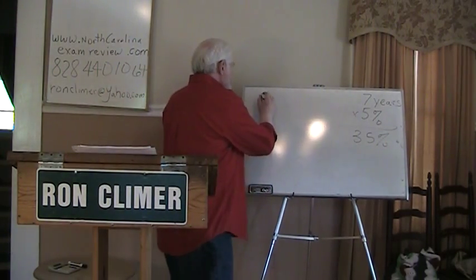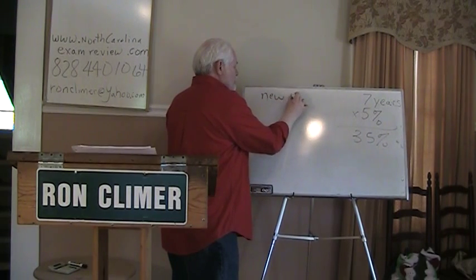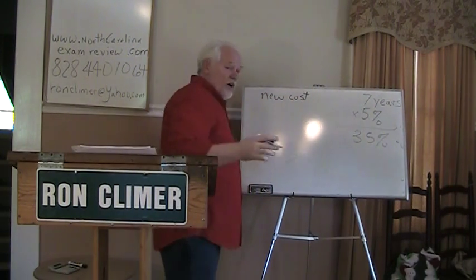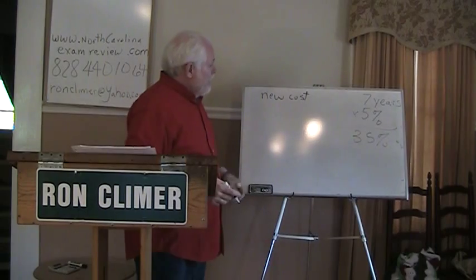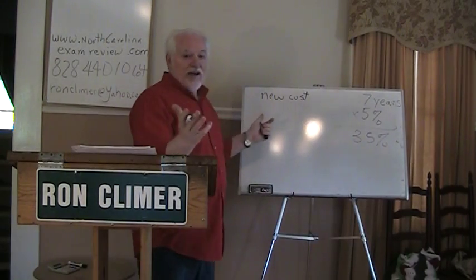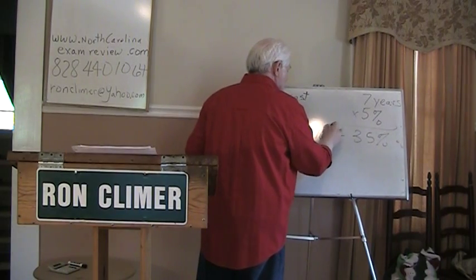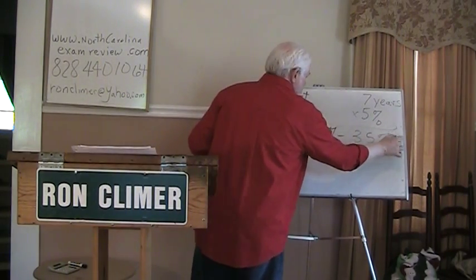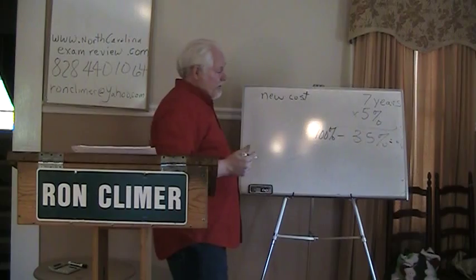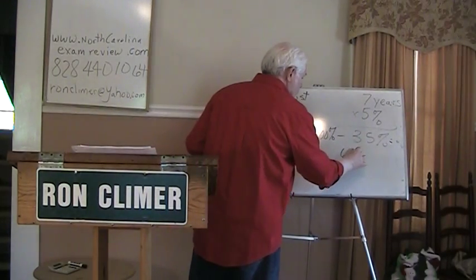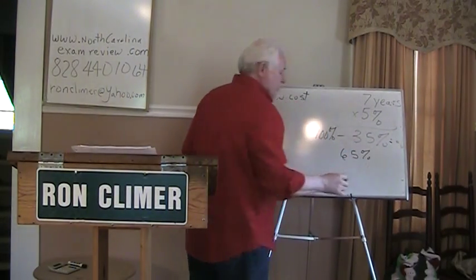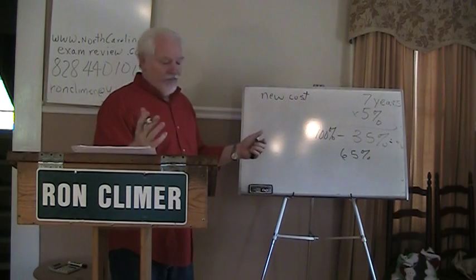If we knew the new cost, 35% of the value has depreciated away. So if we subtract 35% from 100%, we can see that 65% of the value is left.